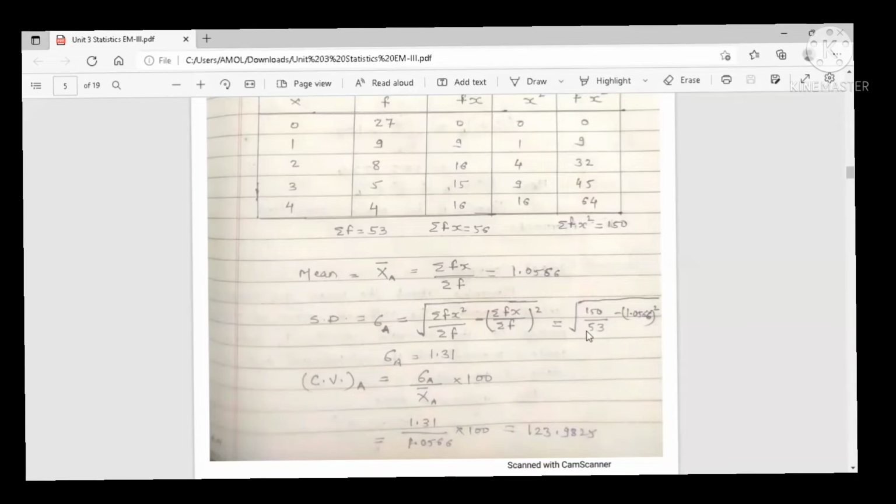Summation fx upon summation f is the arithmetic mean, which we have calculated as 1.0566. So sigma A is the square root of 150 upon 53 minus 1.0566 whole square, and the calculated value is 1.31. So the standard deviation for team A, sigma A, is equal to 1.31.